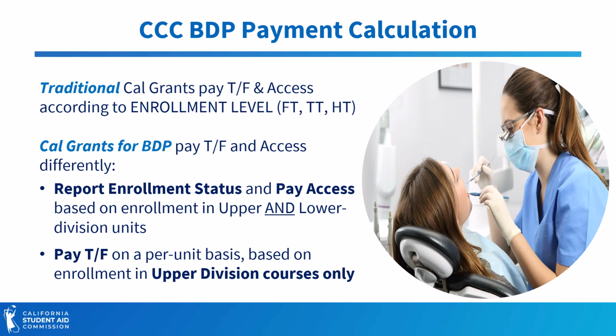Access, if applicable, is also paid based on total units enrolled. Tuition and fees, on the other hand, is paid on a per unit basis and according to enrollment in upper division courses only. And this will require manually overriding the award amount that Web Grants auto-calculates, as we will see in the upcoming example.